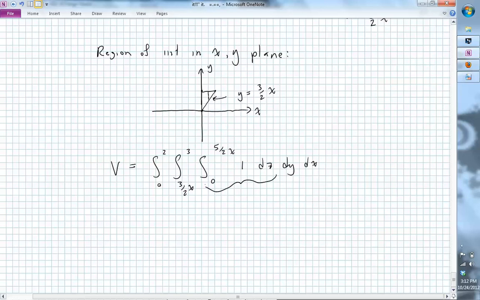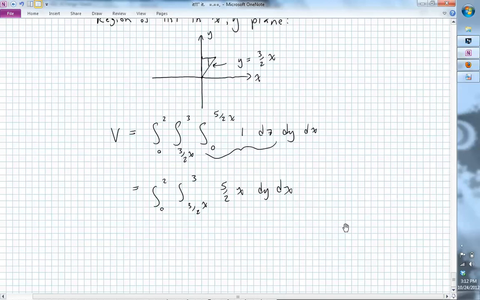The inner integral works out to what? Five halves x. Okay, the next integral works out to that.